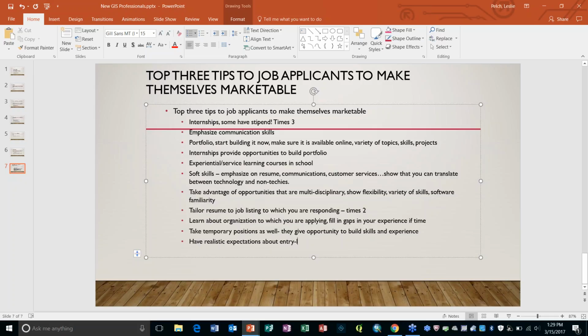So just make sure that you're setting your expectations realistically for the role that you are applying for. And it doesn't make a heck of a lot of sense to apply for managerial positions. It's highly unlikely that you would get that, right, unless you have specific experience in that arena. So just make sure that you're setting your expectations realistically.